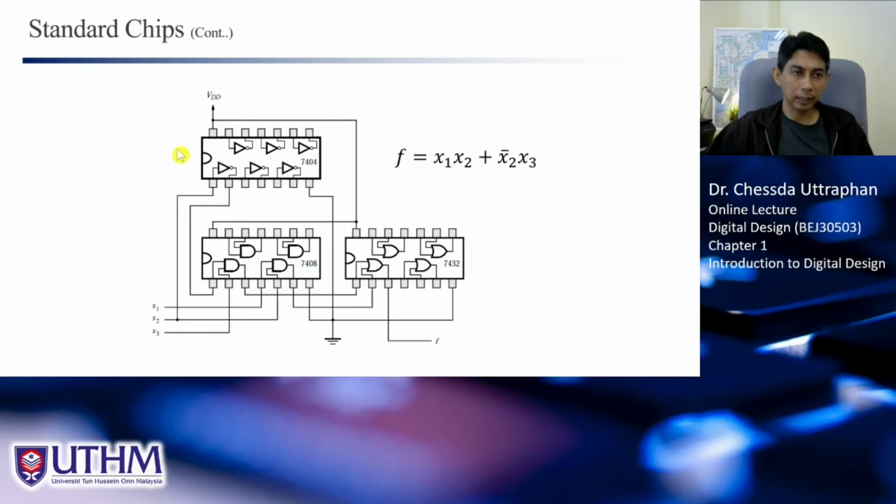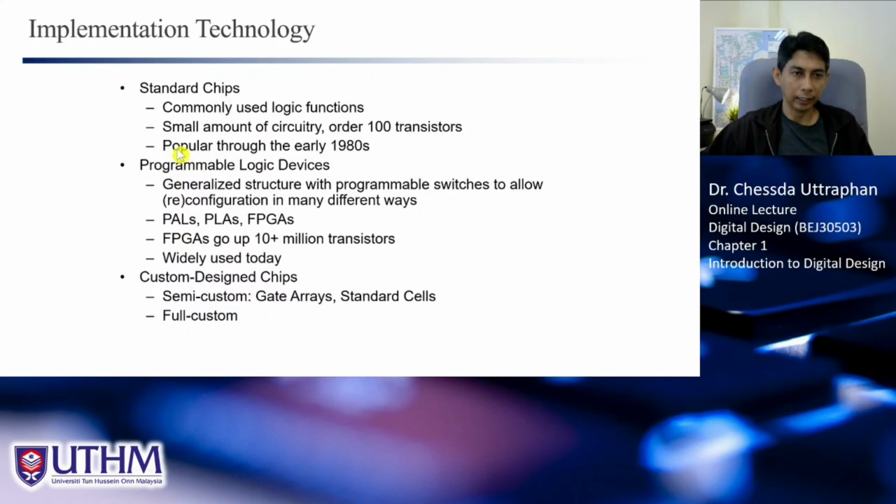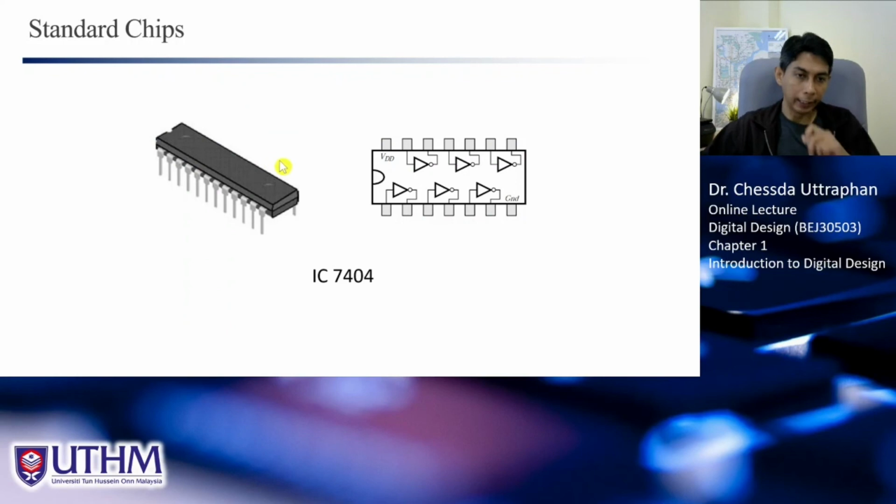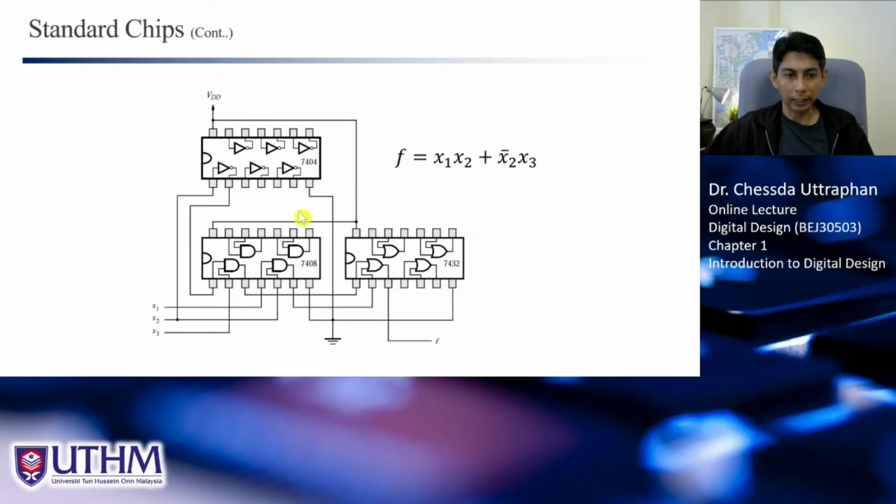So standard chip is this. Actually, this is phased out already. But I think you have learned or used this IC before in your previous course, digital electronics, where you have, for example, this IC 7404, the NOT gate, which you can connect to other ICs, for example 7408, like this, to implement or realize this equation, and you get the output from the inputs x1, x2, x3.